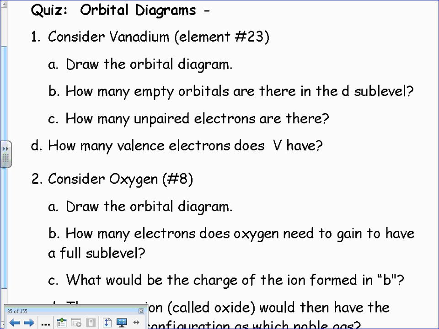Okay. I'll guarantee you it'll be helpful if you write out the electron configuration first.